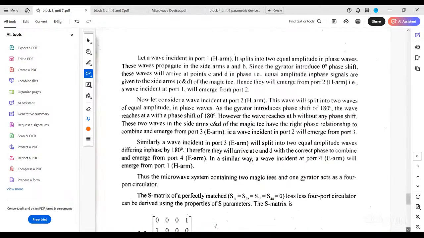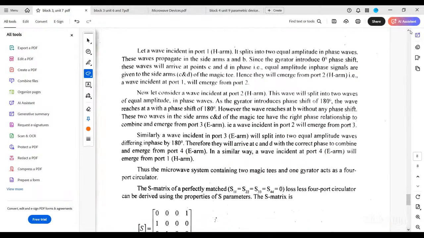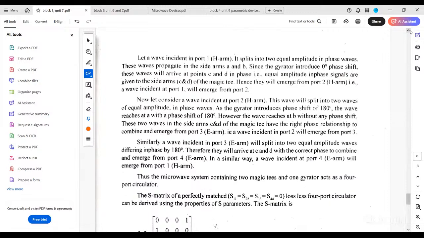Next we will see the explanation part with this topic. See here, a wave is incident on port 1. It splits into two equal in-phase waves. The output wave comes across port 2 with 0 degrees phase shift. Here 3 paragraphs are mentioned.